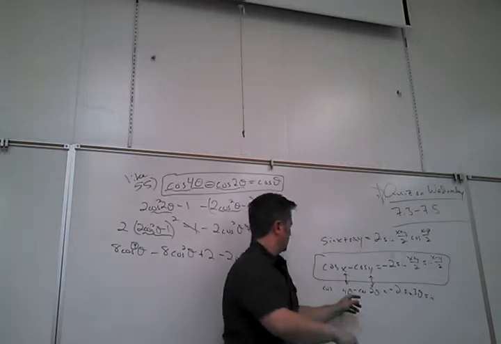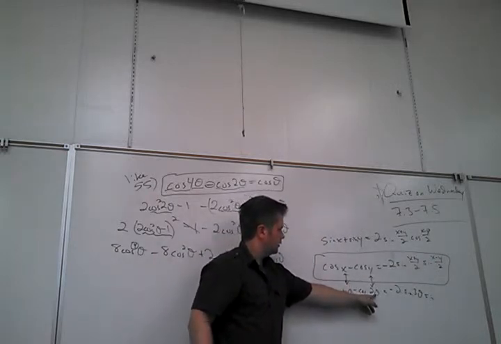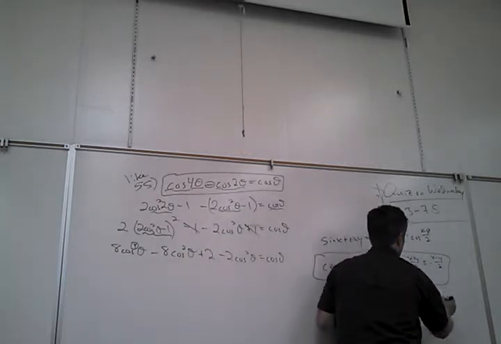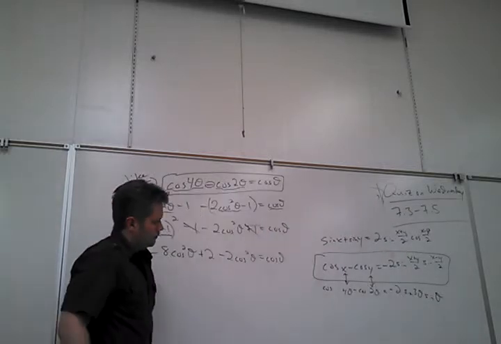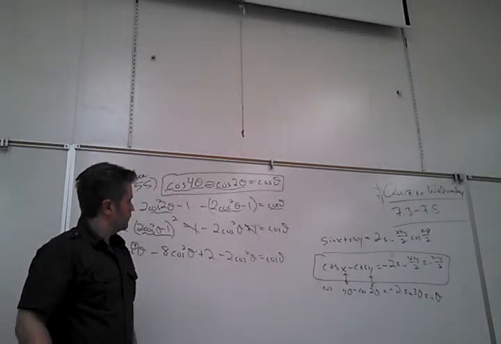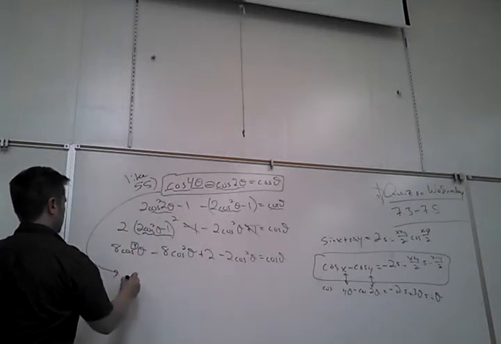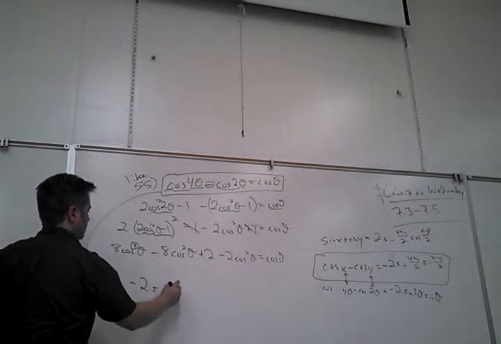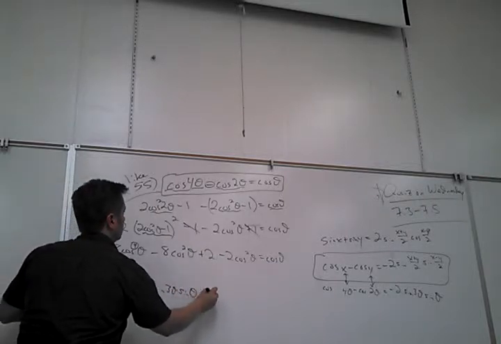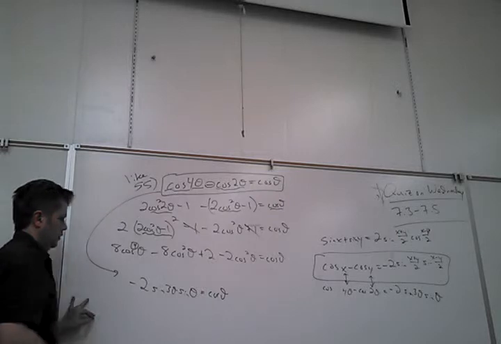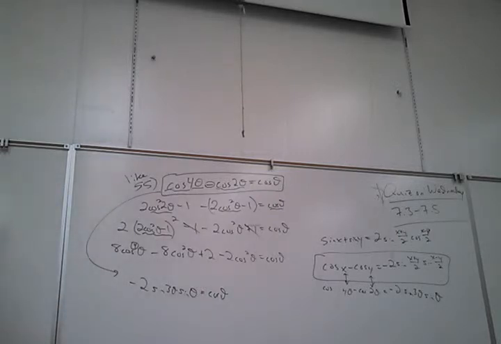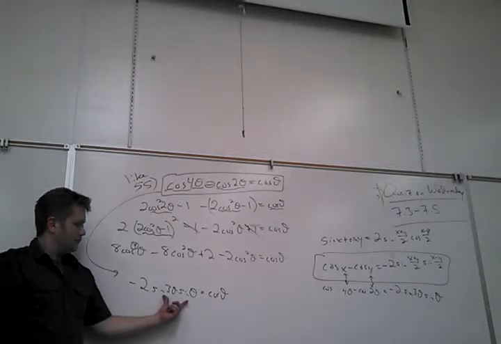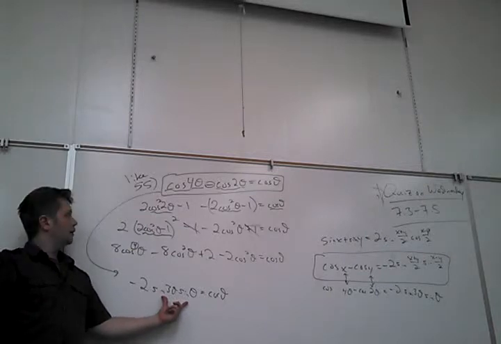Sine x minus y: 2 theta divided by 2 is just theta. So let's see what that gets me. I get negative 2 sine 3 theta sine theta equals cosine theta. Doesn't look all that much better to me, but it's the only thing I've got I could try.